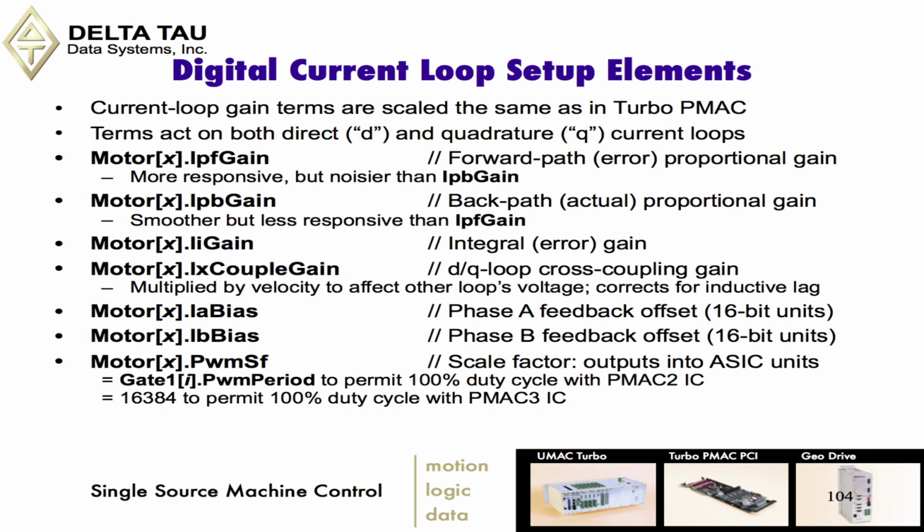In closing the current loop, we have a forward proportional gain, we have a backwards path proportional gain, we have an integral gain term, and then a cross-coupled gain term. This is multiplied by the velocity so that we can correct for inductive lag at higher speeds. We also have the IA and IB bias, which would be the bias on the current outputs, and then the PWM scale factor.